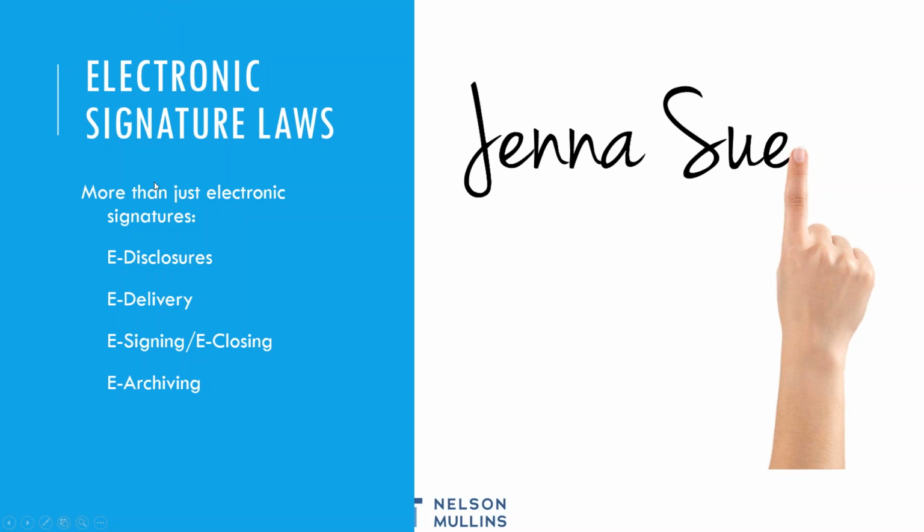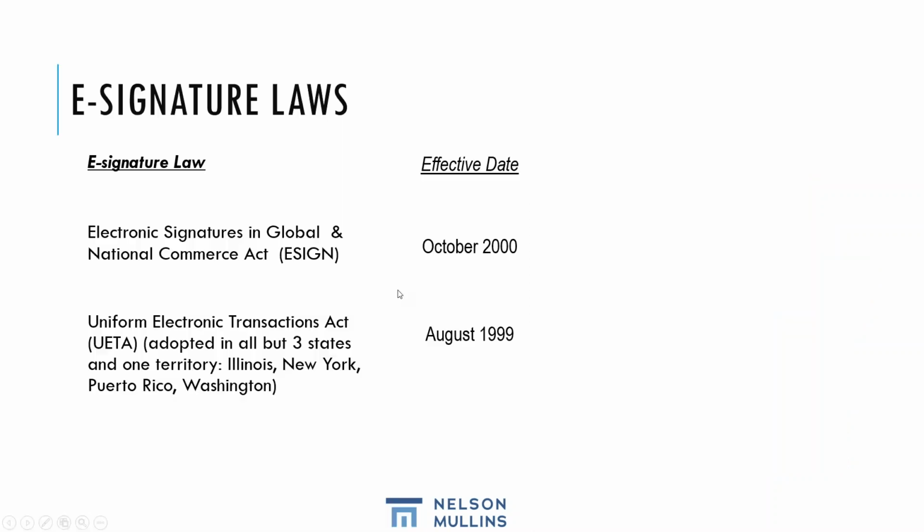We've got to think through how we're going to provide electronic disclosures, how we're going to take e-delivery of underwriting materials and applications from our customers, then how we're going to do the e-signing and e-closing, and perhaps the most overlooked but possibly most important, how are we going to archive and retain these records after we originate the individual loan agreements.